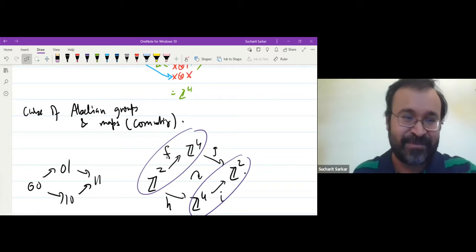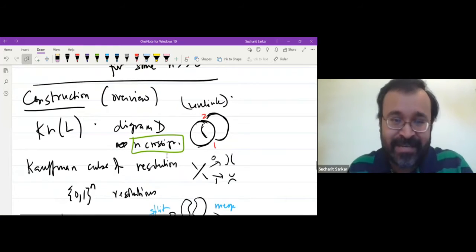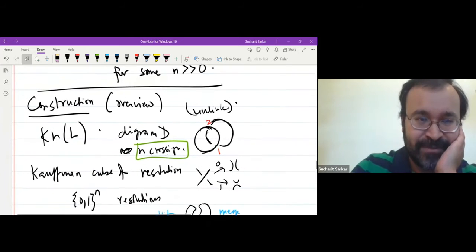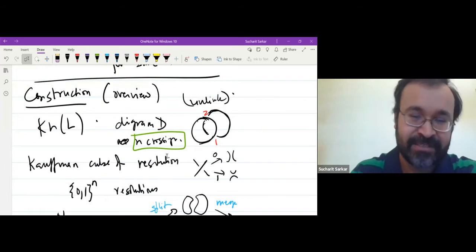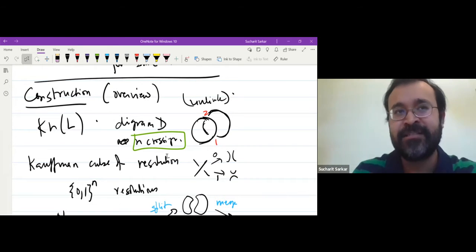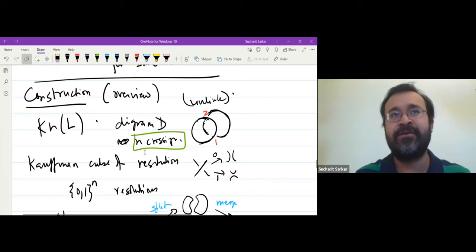I think it's fairly magical how this is happening. If you like combinatorics or topology, this is very exciting, that it's coming from this entirely combinatorial thing. This is in sharp contrast with the Alexander polynomial, because Alexander polynomials are very geometric.